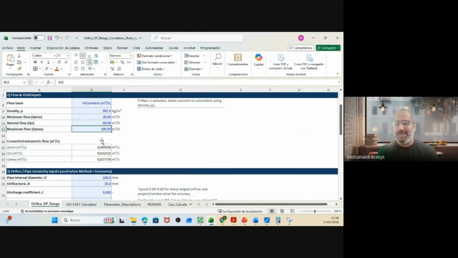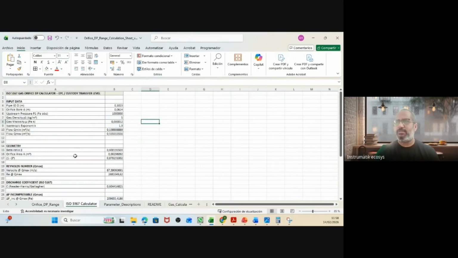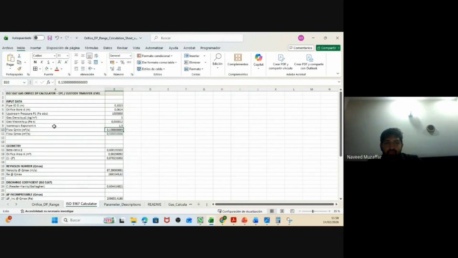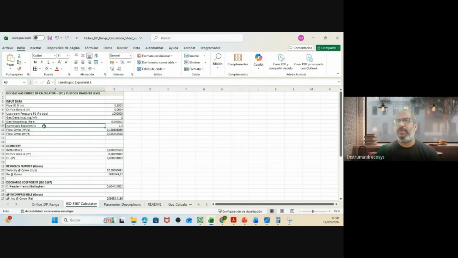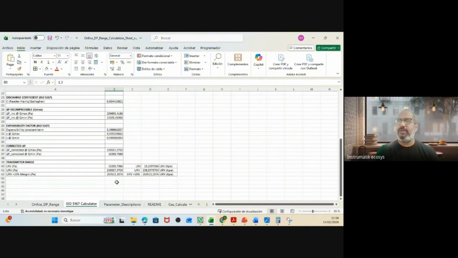And this one here is for gas. If you want to calculate gases, you can come here, because the difference between liquid and gases is that gases are compressible, and some parameters like the expansibility factor vary. So if you have, for example, an isentropic exponent k different from 1 or 1.2, the difference is very high in the final results.